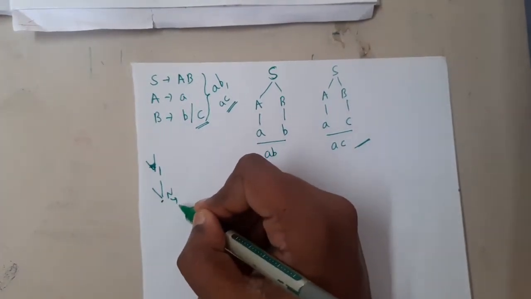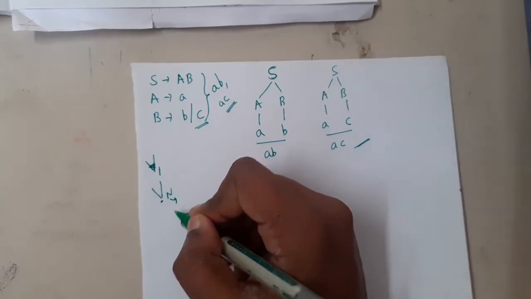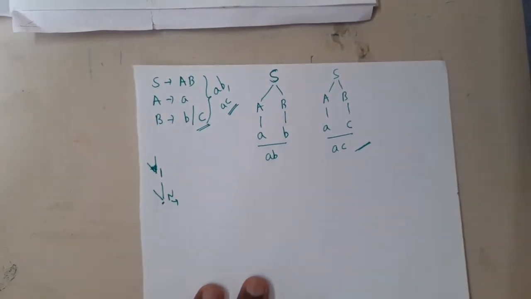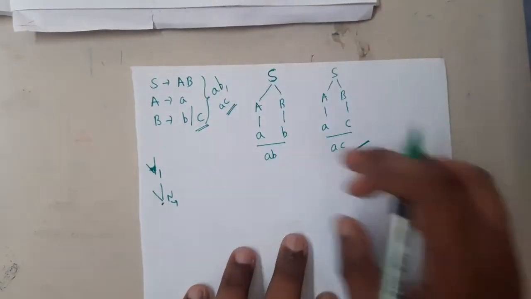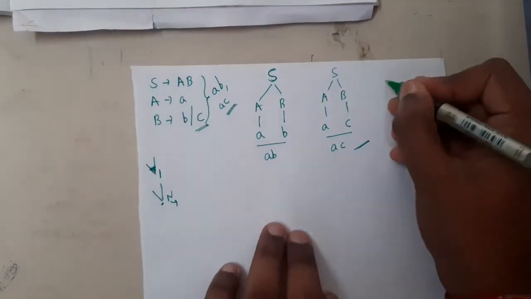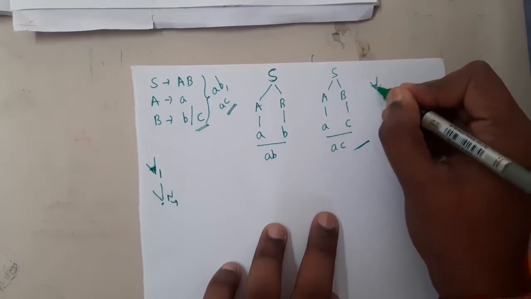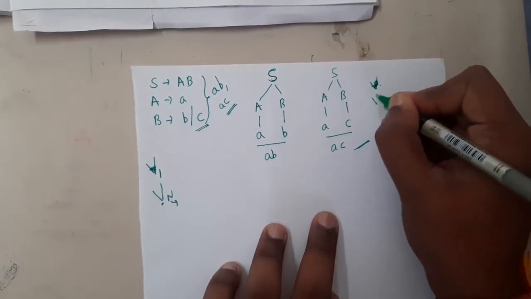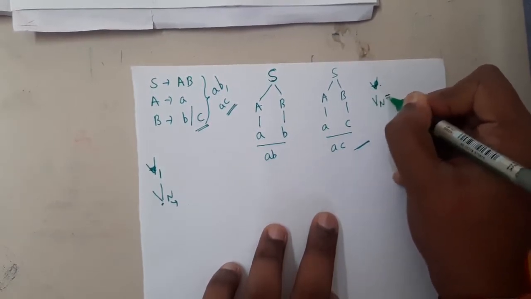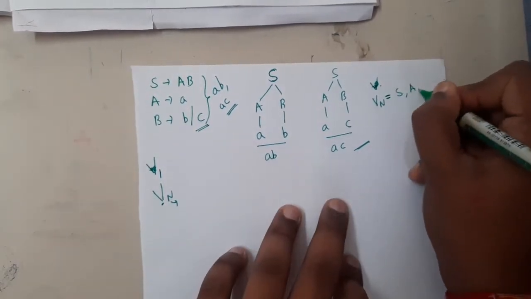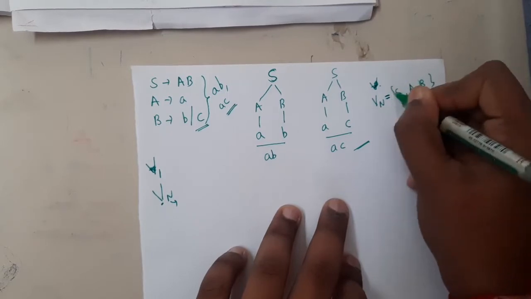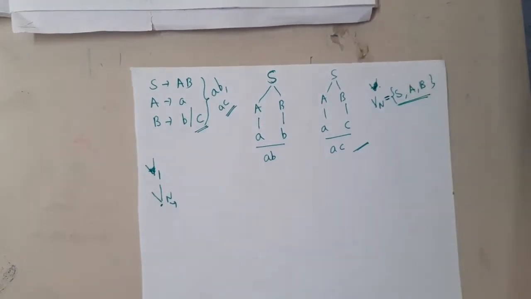To be clear, non-terminal and terminal is one of the most confusing terminologies for a student, right? In this given question, Vn is nothing but the capital letters. We have S, A and B. These are the Vn terms, and these are called non-terminals.